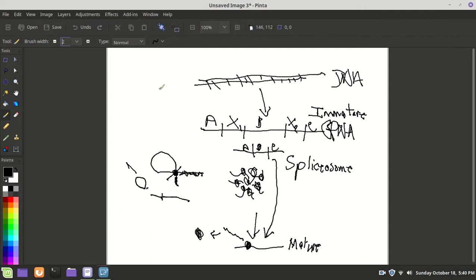Now realize this occurs in eukaryotes, organisms like ourselves. It doesn't commonly occur in prokaryotes. There actually is a case where some proteins can do something like this in bacteria, but it's not the same thing as here. So this is in eukaryotes, so keep that in mind. This would also be what flies do.